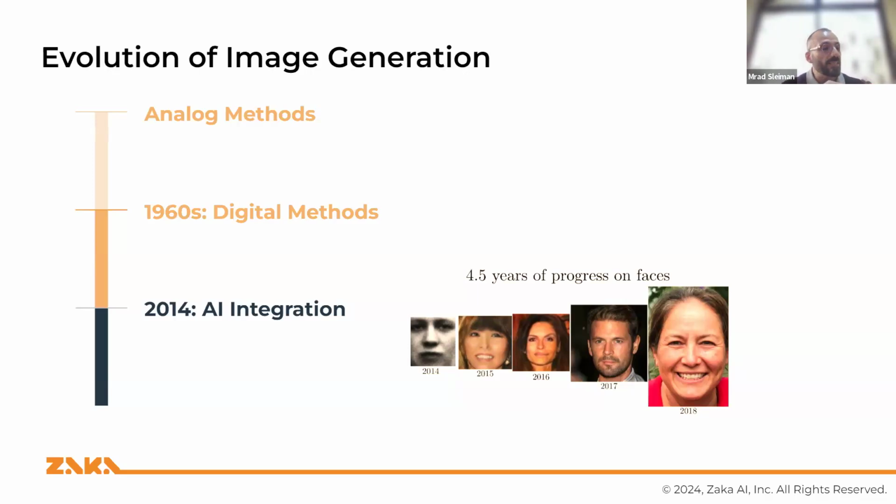Then starting from 2014, we have this AI integration. The evolution of AI image generation is driven by advances in generative AI, Gen AI. I know that you hear about this a lot. This is a subset of AI mainly focused on content creation, and images are a type of content.